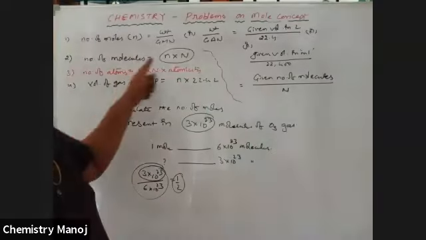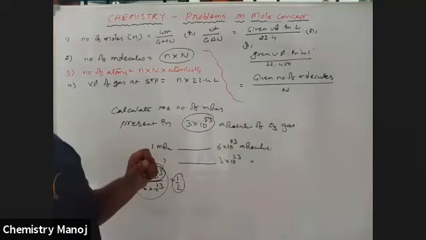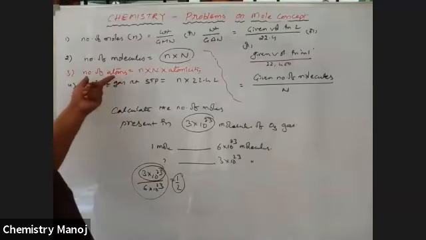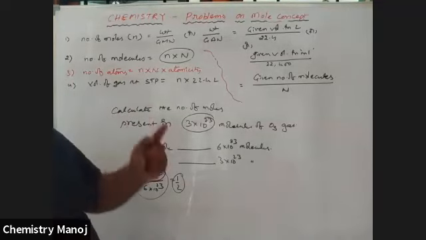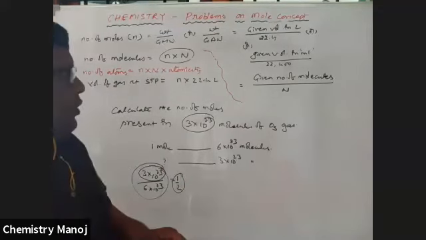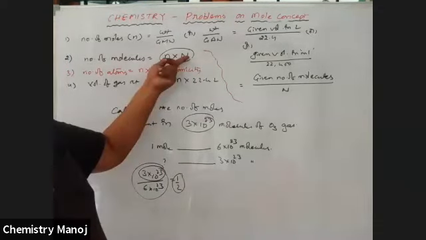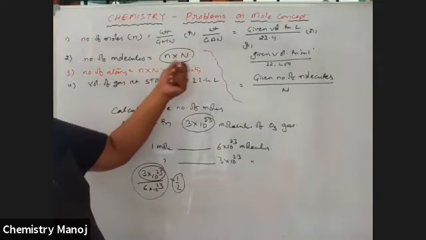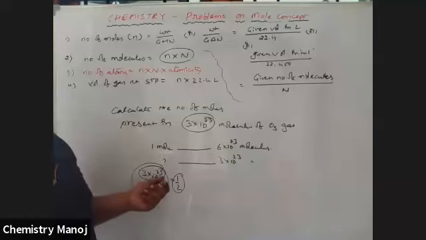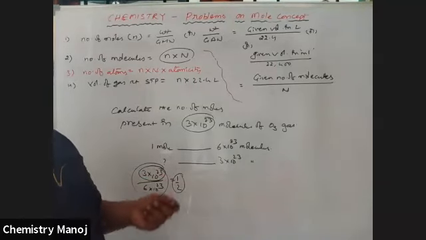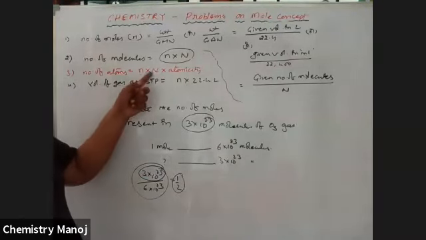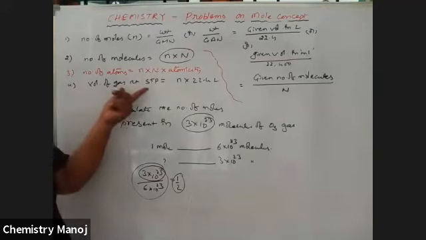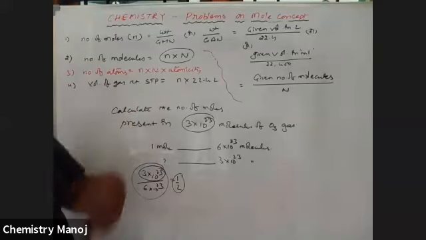So the number of molecules is equal to small n into capital N. If you know the number of molecules, now counting the number of atoms: one molecule contains its atomicity. So small n into capital N into atomicity is equal to the number of atoms. The volume of the gas at STP is equal to small n into 22.4 liters.